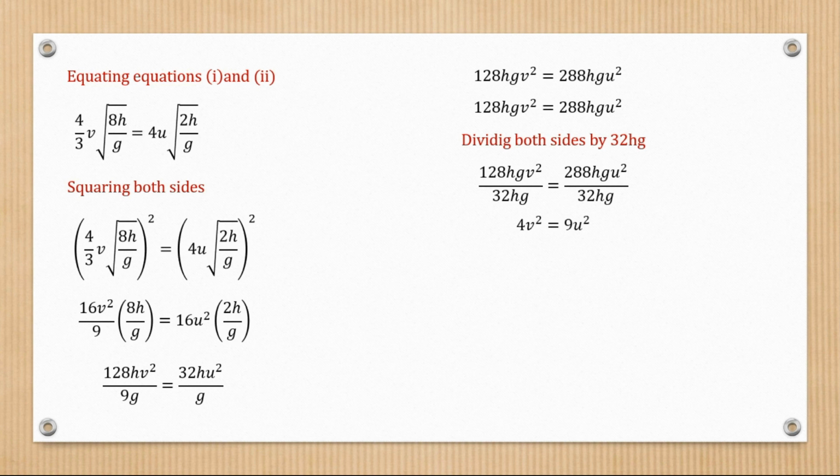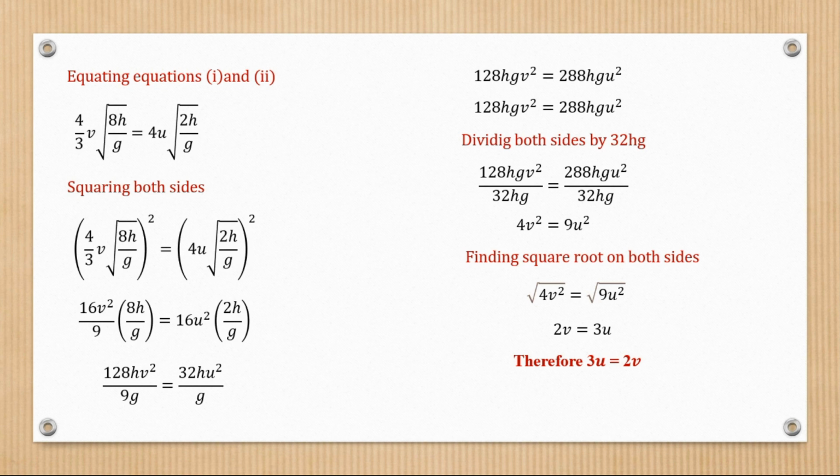When you simplify it, we'll have 4v² = 9u². Now we can also find the square root of both sides, so root of 4v² = root of 9u². So we'll have 2v = 3u. Therefore, 3u = 2v, and that is the proof they wanted.